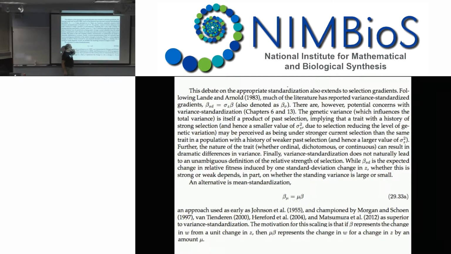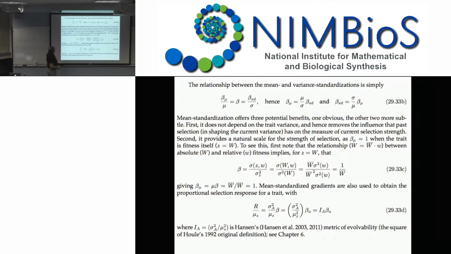But the basic idea is I could use mean standardization. And under mean standardization, this is now the interpretation. If I take an unstandardized beta and multiply it by the mean, that gives me the beta under mean standardization. This idea, mean standardization, goes back at least as far as Johnson in 1955.